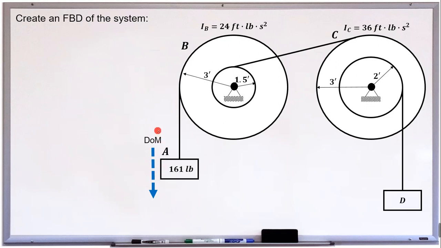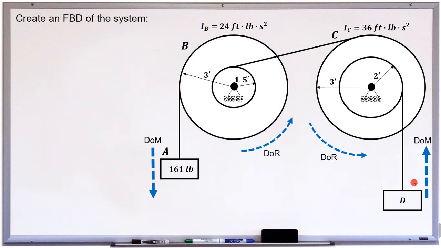Next, if the direction of motion for A is downward, the direction of rotation for our cylinder B is counterclockwise. And the same goes for our cylinder C, counterclockwise as well. And then for D, if our cylinder C rotates counterclockwise, it will pull this block D upwards.